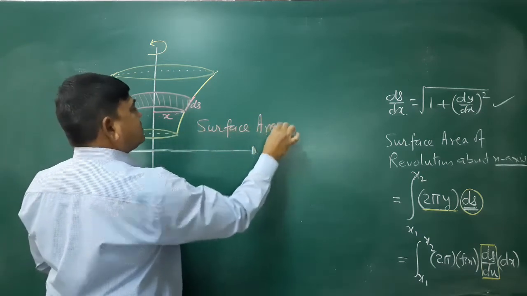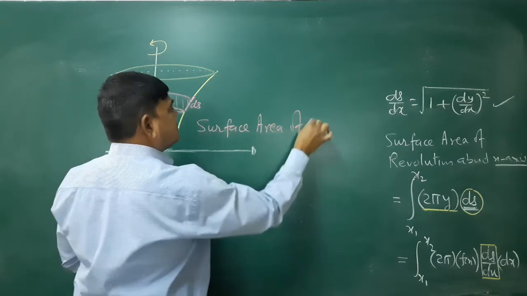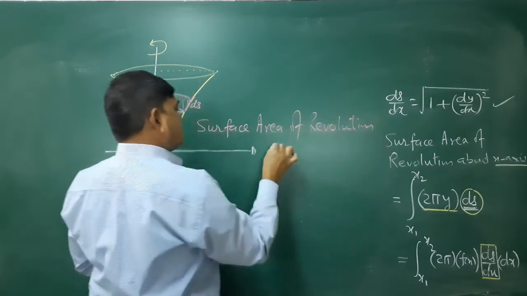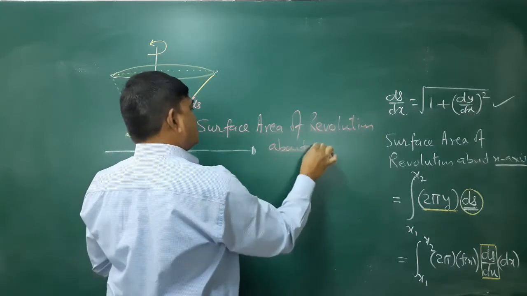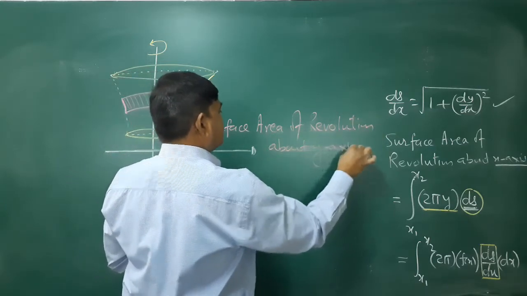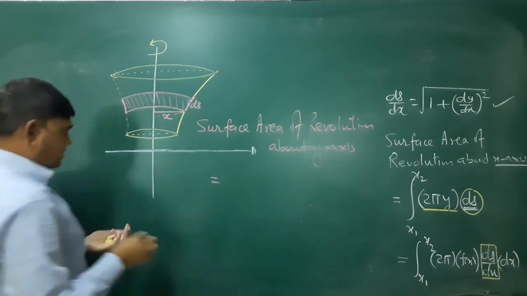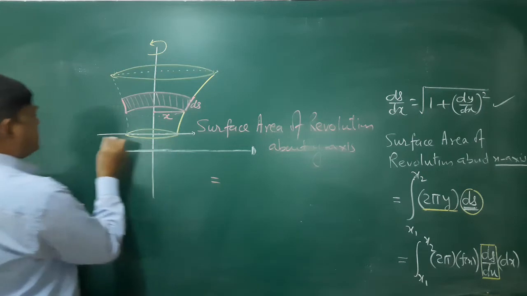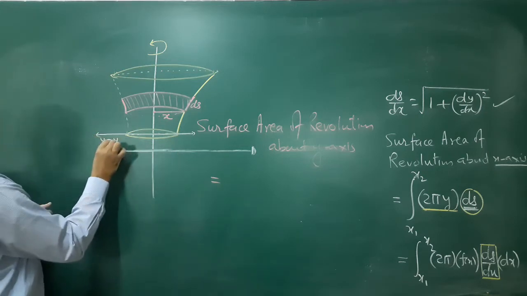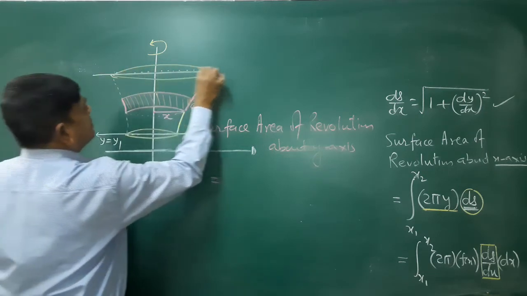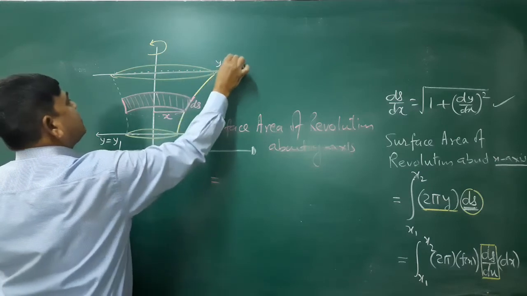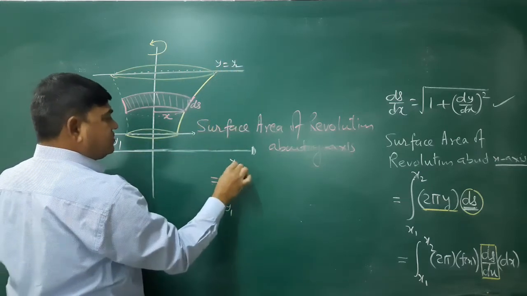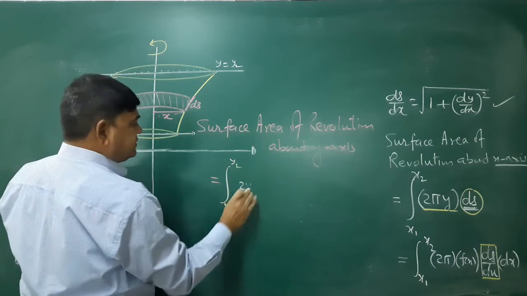So the surface area of revolution about the y-axis. Suppose it is from y equals y1 to y equals y2, so it is y1 to y2, 2 pi.